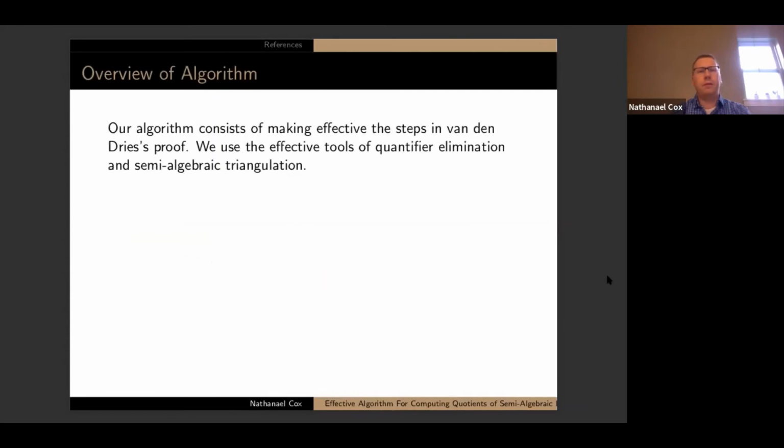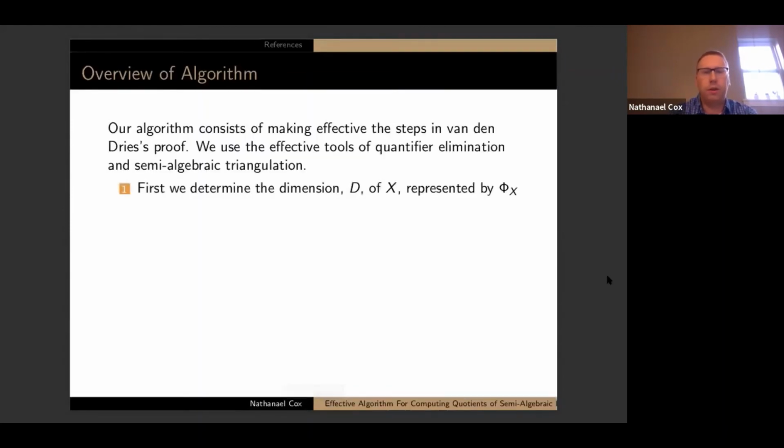Right, so an overview of the algorithm. Our algorithm mostly consists of making effective the steps that were in Van den Dries's proof, and we use the various effective tools of quantifier elimination and semi-algebraic triangulation that I had mentioned before.